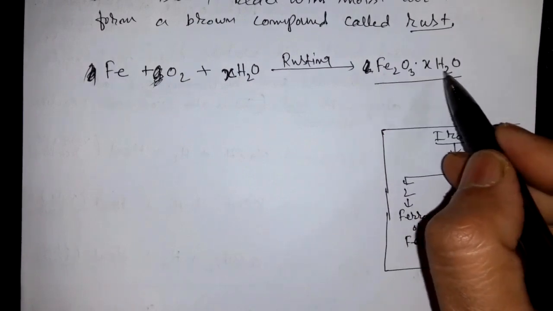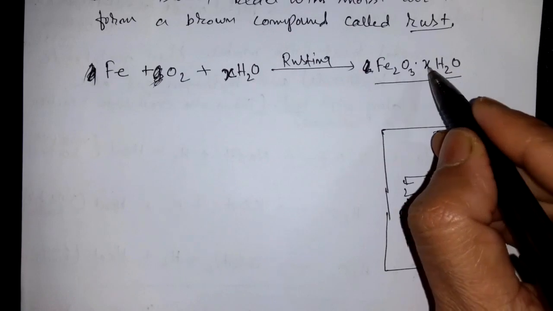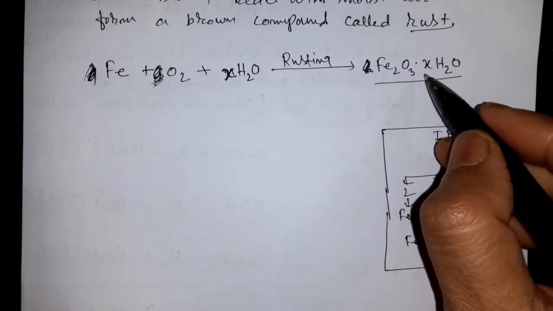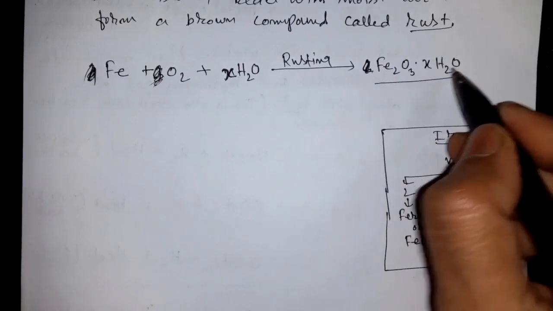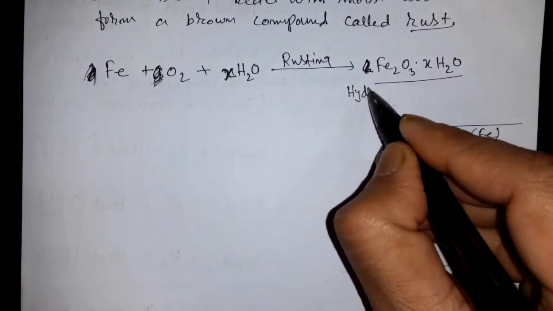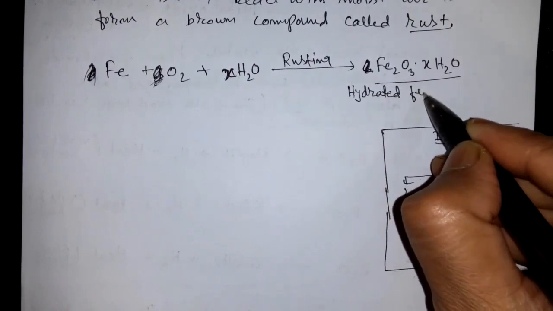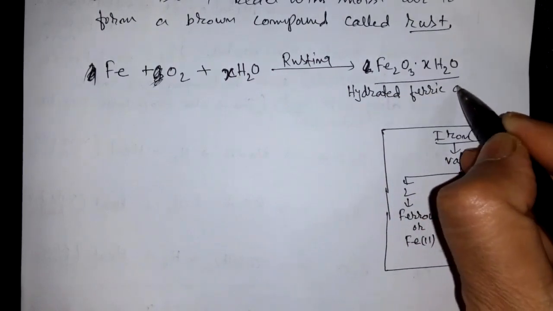Okay, so if you want to write the proper chemical name, then since there is water molecule, and how many water molecules varies from place to place, to represent water we'll just use the word hydrated. Hydrated ferric oxide.